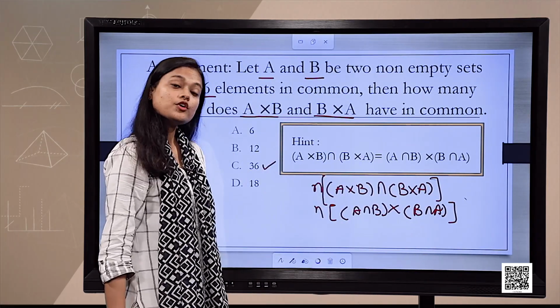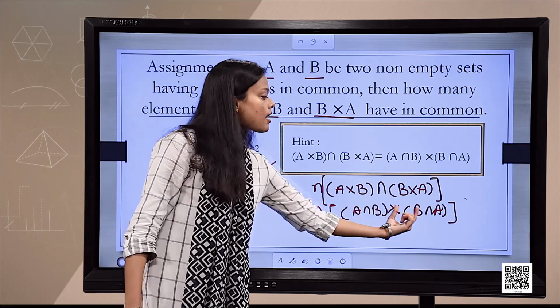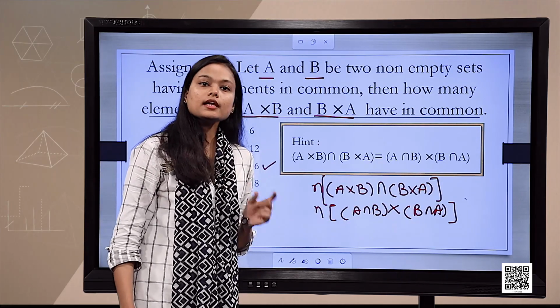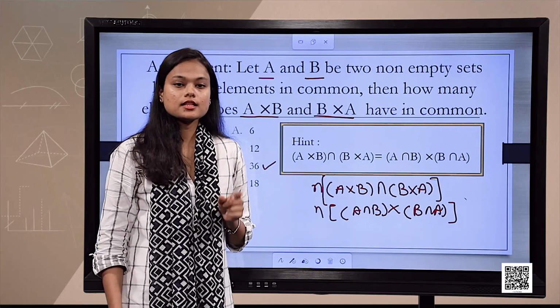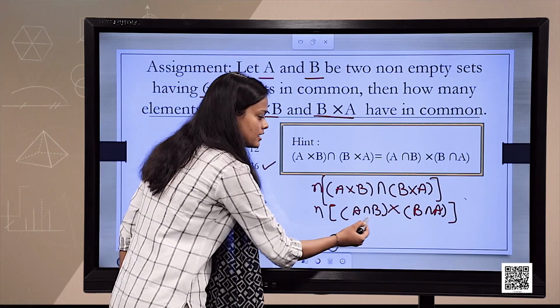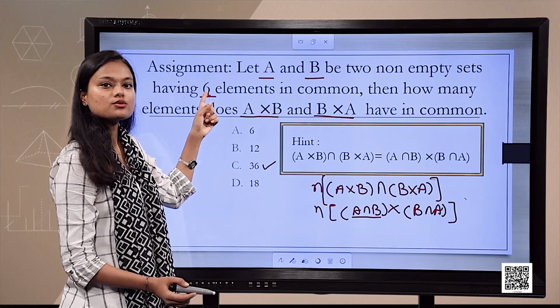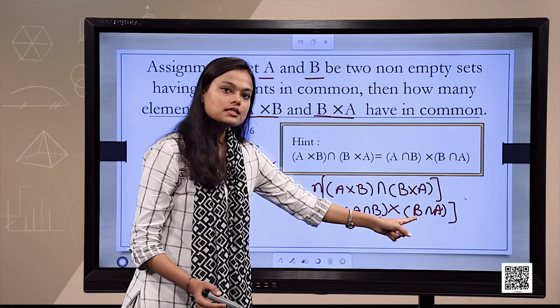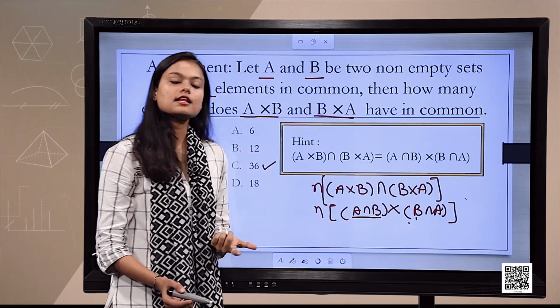Now, we already know that the number of elements in the Cartesian product of any two sets is equal to the product of the number of elements in the individual sets. And how many elements in the intersection? 6 elements. It is already given to us. Again, B intersection A is also the same. How many elements in this? 6 elements.